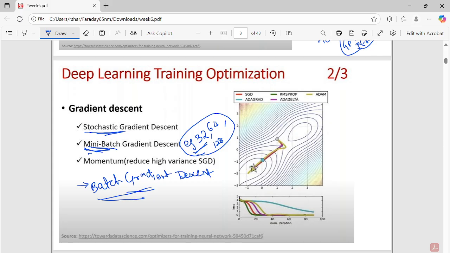With respect to hardware utilization, mini batch allows efficient use of hardware accelerators such as GPUs or TPUs, which process batches of data in parallel. The common batch size can be 32, 64, 128, or even 256, and it depends on the hardware memory and the model which we have.